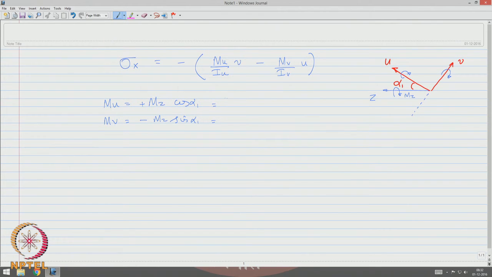We said this is 4 cos 70.36, which amounts to plus 1.344 kilonewton meter, and this is minus 4 sin 70.36 degrees, which is 3.767 kilonewton meter.